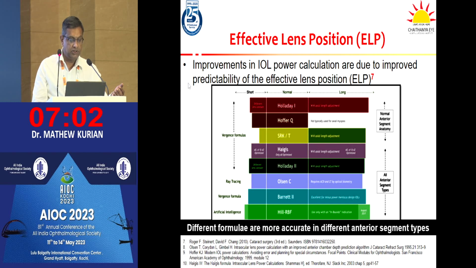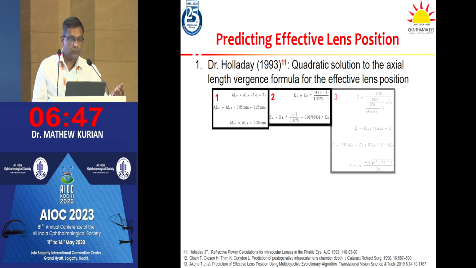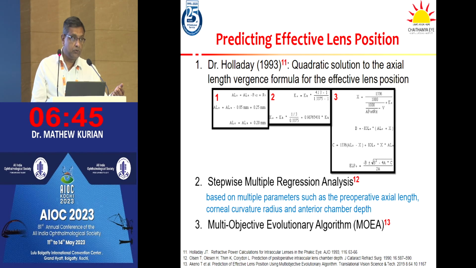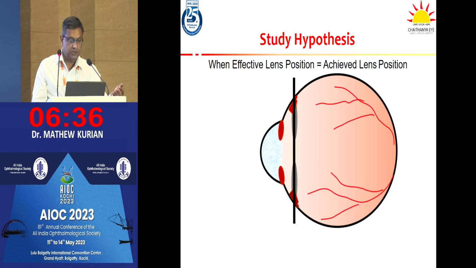The earlier formulae assumed a normal anterior segment anatomy, and the newer Olsen formulae and AI formulae are suitable for all anterior segment types. Dr. Holladay was also the first person to predict where the effective lens position would be, by a multiple stepwise regression analysis method.